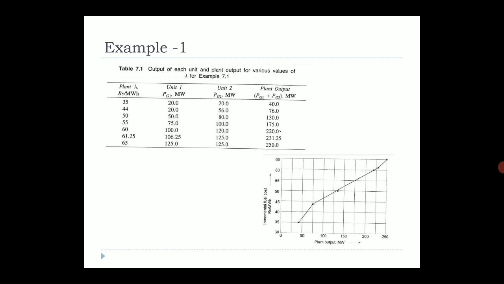And so for different values of lambda, we have different outputs of the plant. So in the graph you can see the incremental fuel cost of the plant with the total plant output.